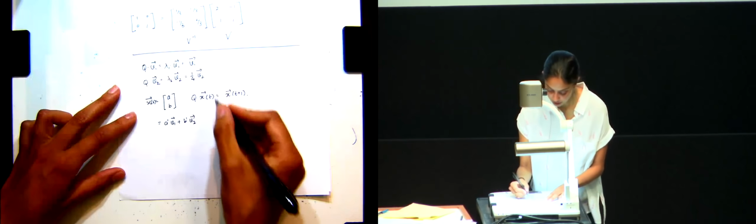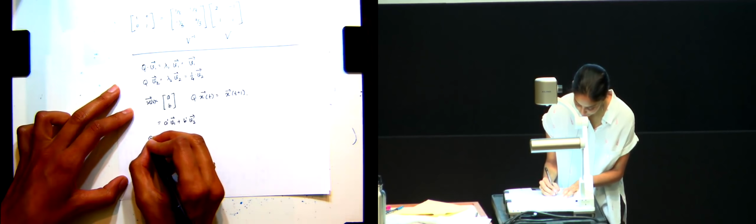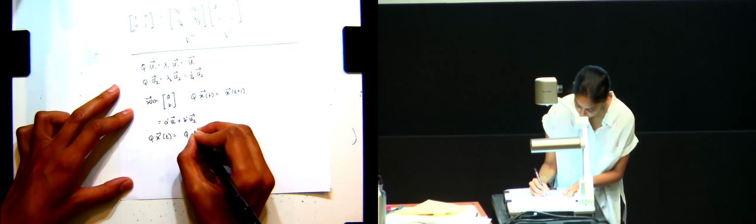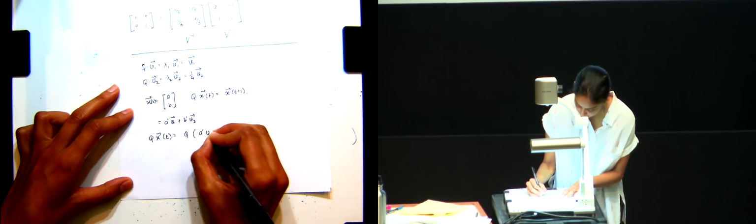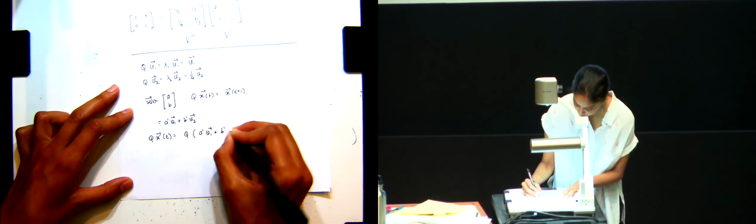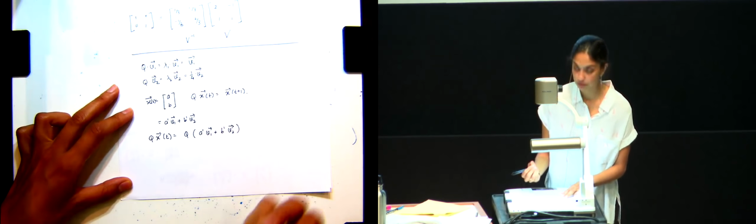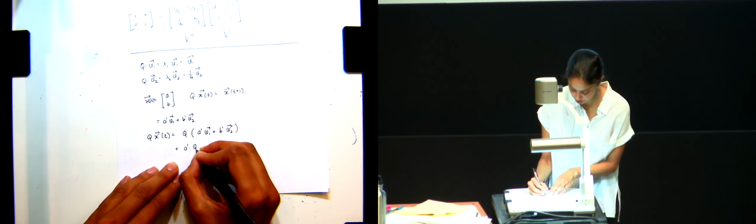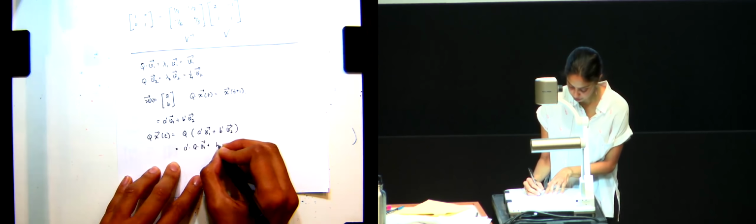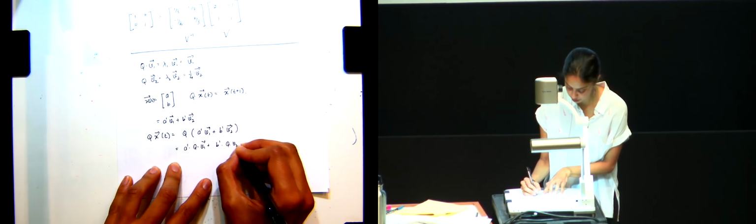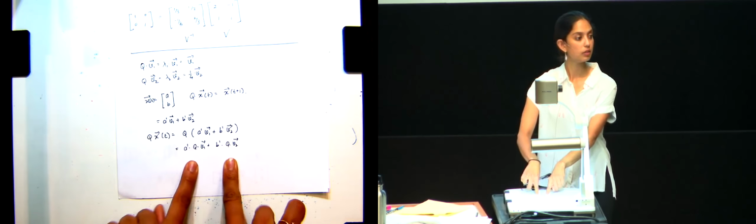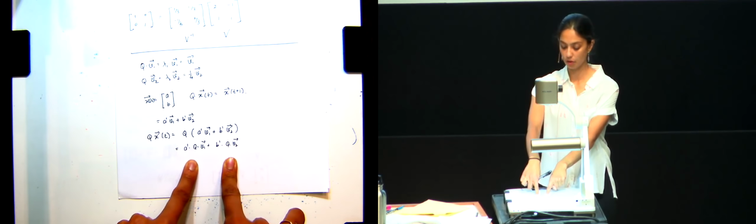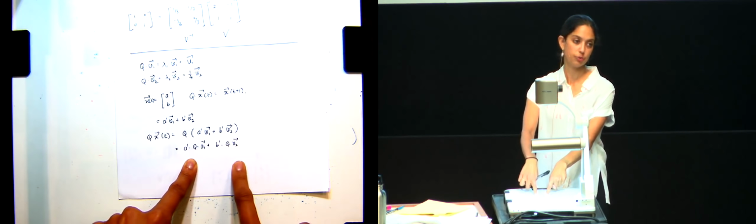So if I want to figure out what happens to Q times x of t, I can write it as Q times a prime v1 plus b prime v2, which is equal to a prime times Q times v1 plus b prime times Q times v2. This is just associativity, right? All I did was bring the Q inside, or distribution, both, I guess.